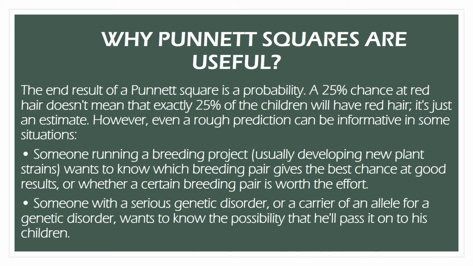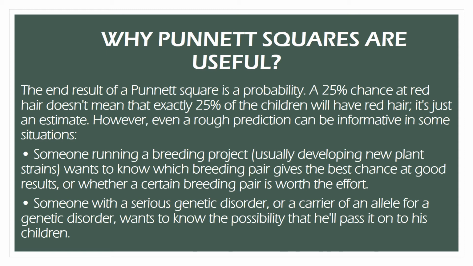First, someone running a breeding project, usually developing new plant strains, wants to know which breeding pair gives the best chance at good results, or whether a certain breeding pair is worth the effort. And in another case, someone with a serious genetic disorder, or a carrier of an allele for a genetic disorder, wants to know the possibility that he'll pass it on to his children.